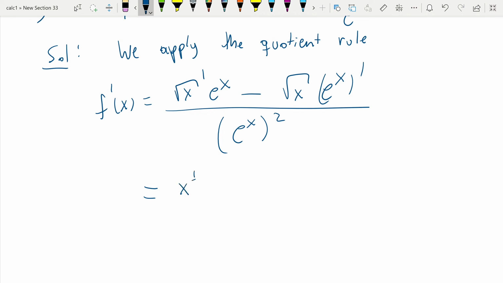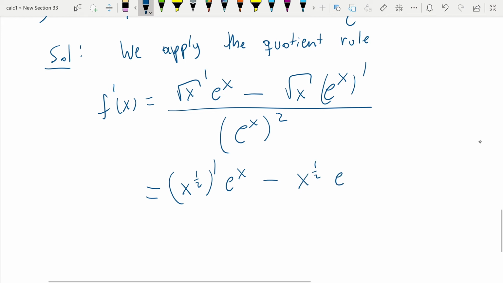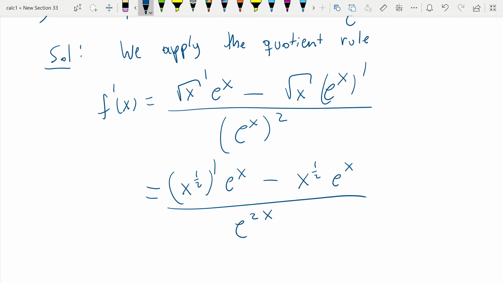So this is x to the 1/2 prime times e to the x minus x to the 1/2 times e to the x prime. E to the x prime is just e to the x. We already know that. When we take the derivative of e to the x, it just gives us e to the x, divided by e to the x squared. E to the x squared is just e to the 2x.